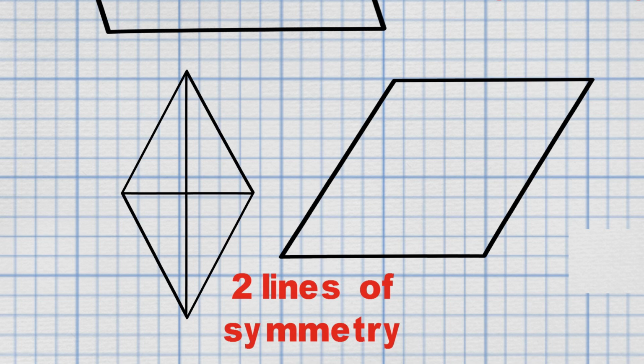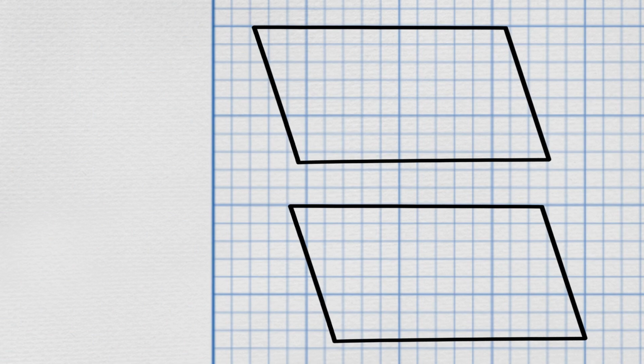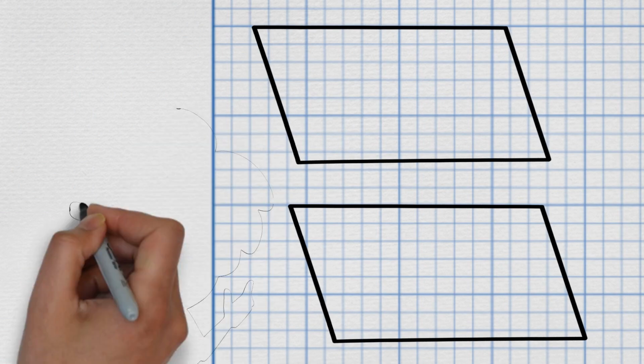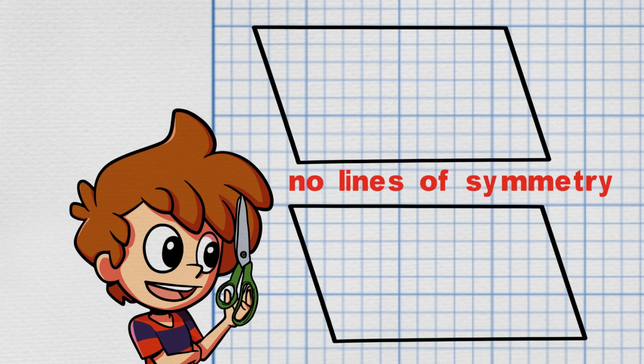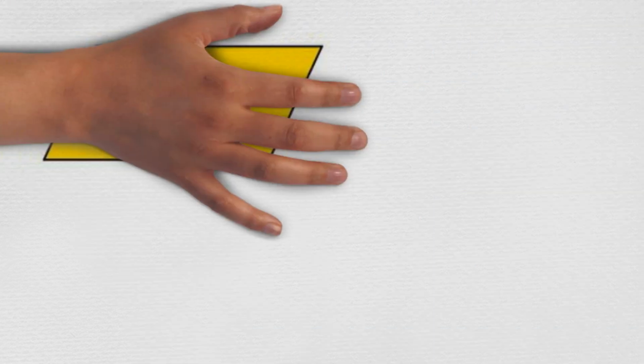But Max, what do you think about this longer parallelogram? Well, Min, I have looked at this before. I actually cut one out of paper and started folding it, and found that it doesn't have any lines of symmetry. Hey, let's cut out all 4 of these special quadrilaterals now and see if they have any rotational symmetry.